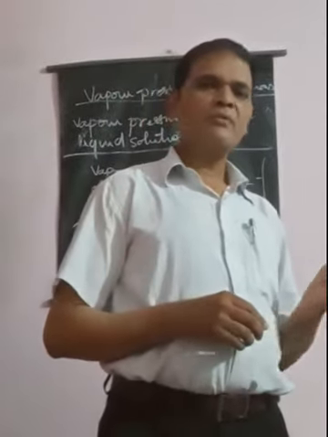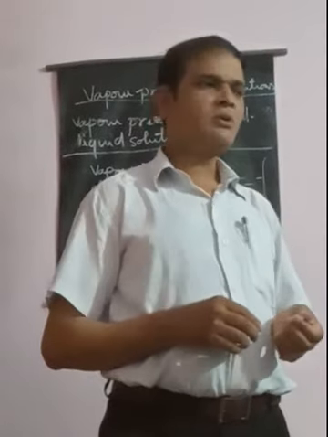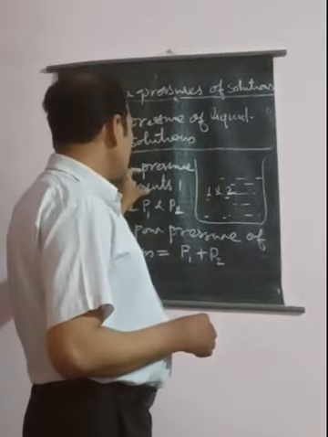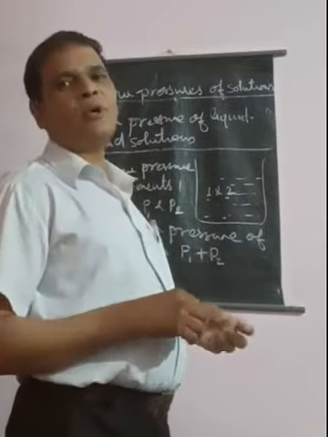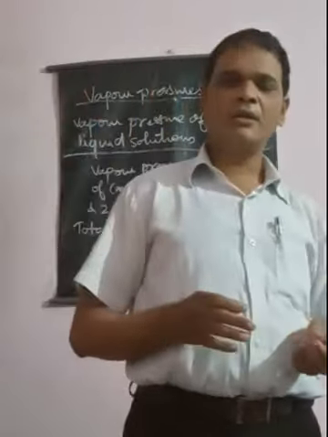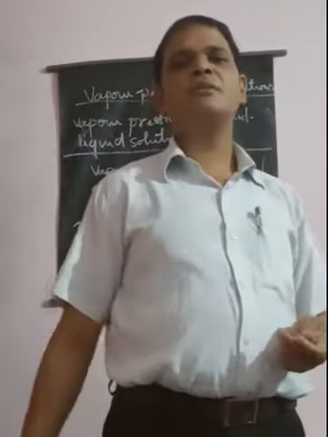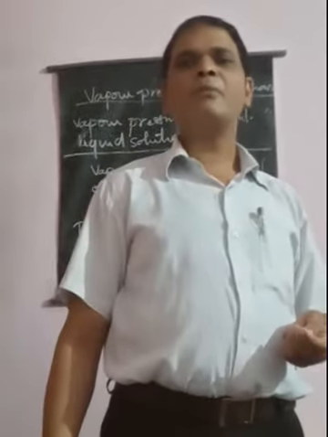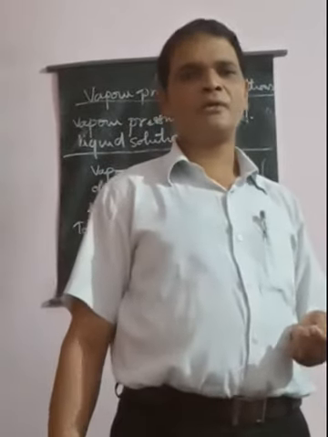And now we will see here about the vapor pressure of this type of solution made by volatile components. What do you mean by volatile? Volatile means which can easily convert into vapor or gaseous phase. That type of component is known as volatile component.